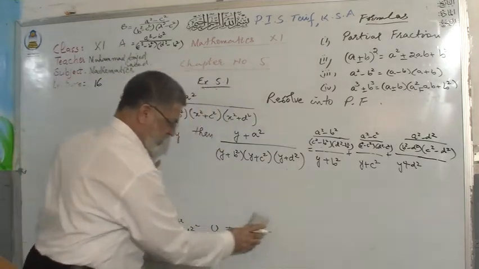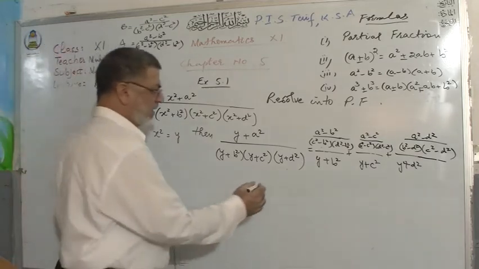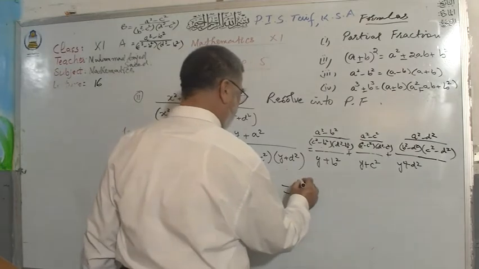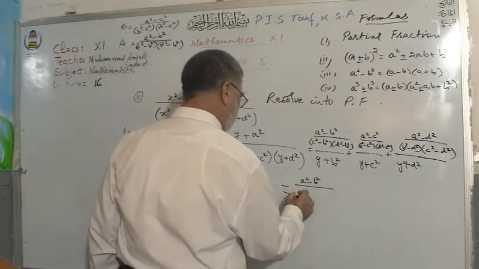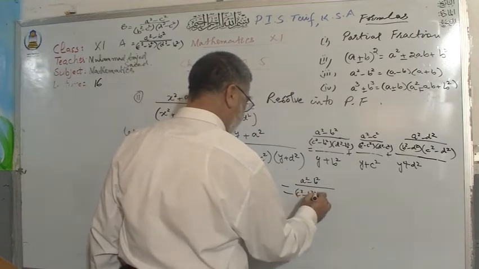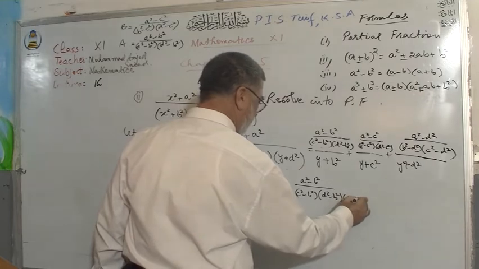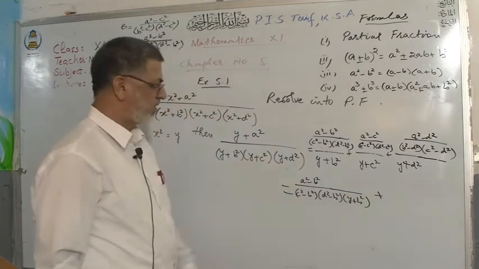After that, we will write down the proper order. We will bring this denominator to the denominator here, a square minus b square over c square minus b square, d square minus b square and y plus b square. That was your first term.